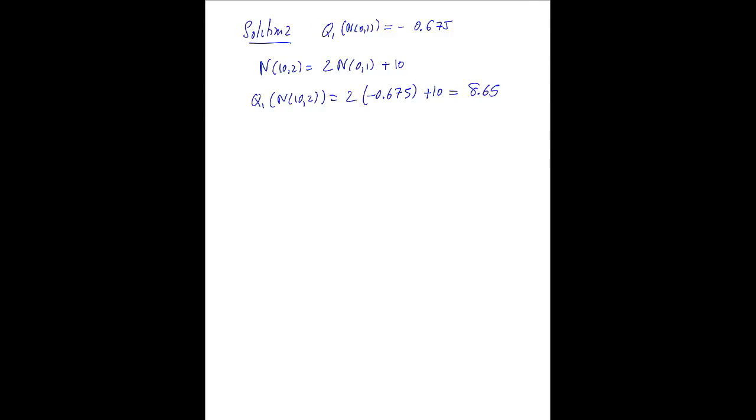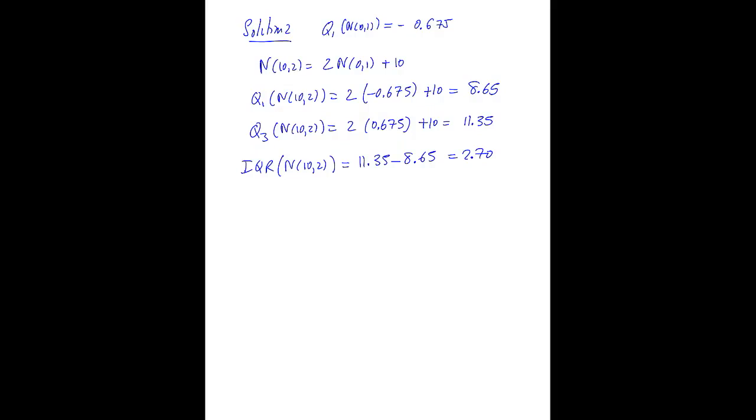Similarly, quartile 3 of the normal distribution (10, 2) is nothing but 2 times 0.675, which is the quartile 3 for the standard distribution, plus 10, and that's equal to 11.35. And the interquartile range of the normal distribution (10, 2) is equal to 11.35 minus 8.65, which is equal to 2.70 as before.